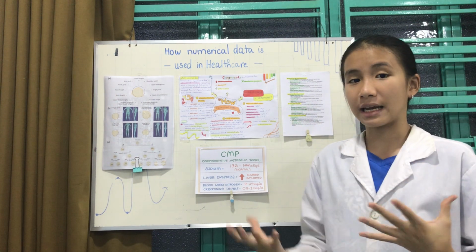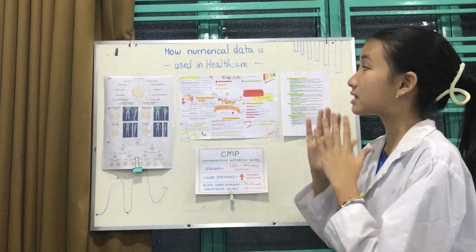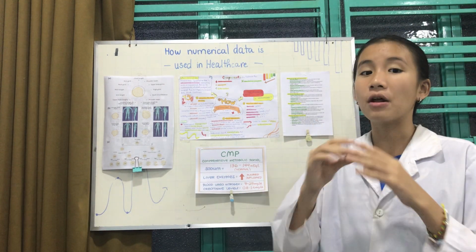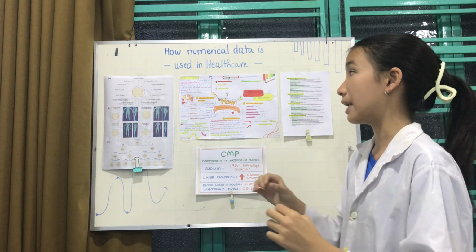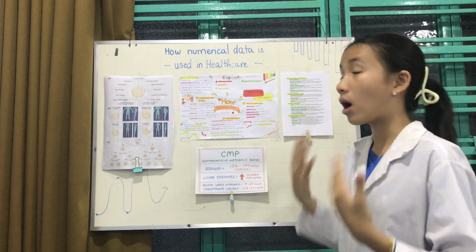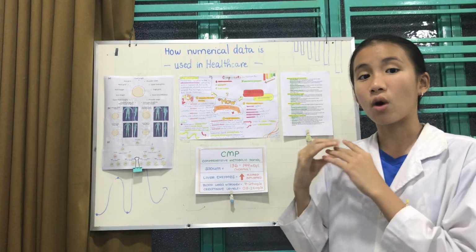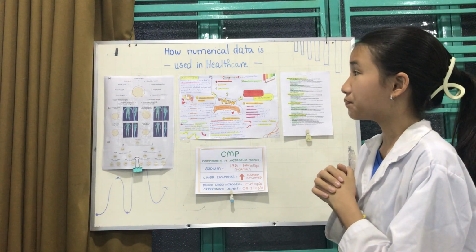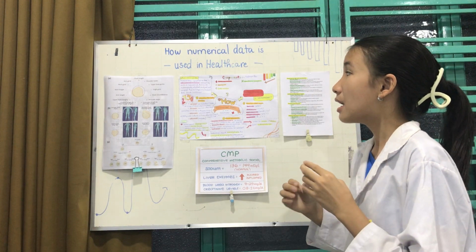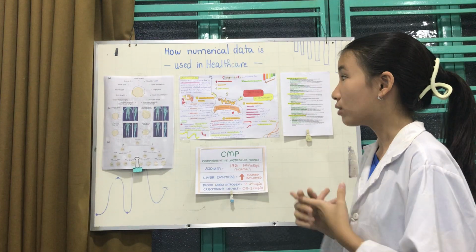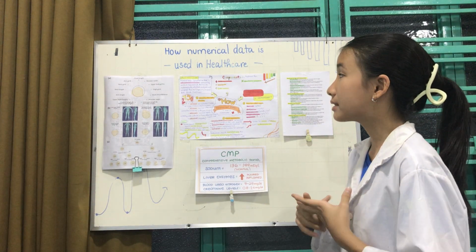Well, numerical data, as its name suggests, is data that is expressed in numbers, hence the name numerical. Sometimes it is called quantitative data as well. Numerical data can represent counts or measurements that can be mathematically calculated, analyzed, and compared.